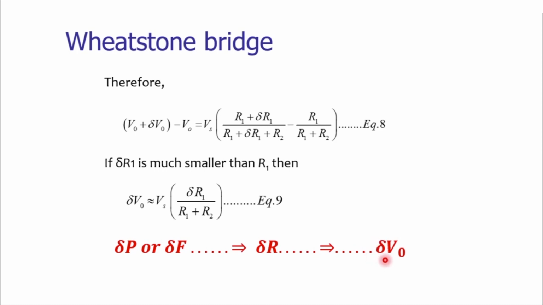That output voltage can be amplified based on its original magnitude, and that amplified signal will be sent to the microprocessor, and the microprocessor will utilize that change in voltage for its further application.